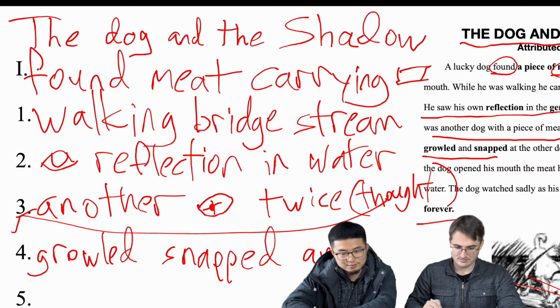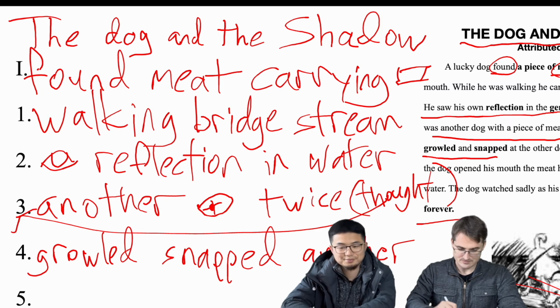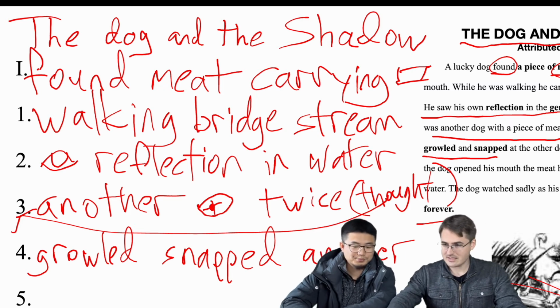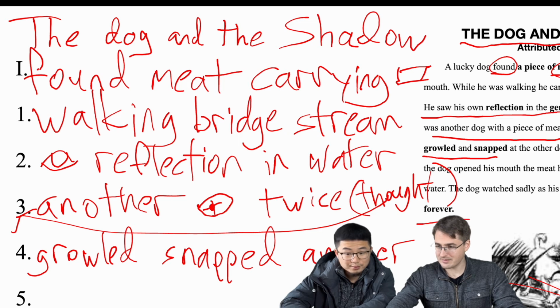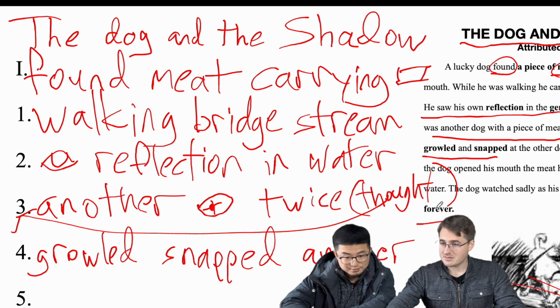Another. All right, sorry, we have not last of all, next to last. As soon as the dog opened his mouth, the meat he was carrying dropped into the water.